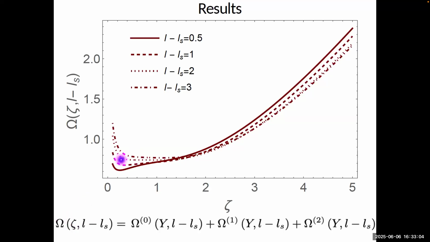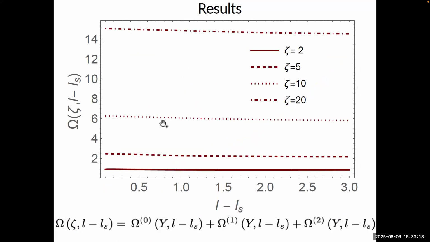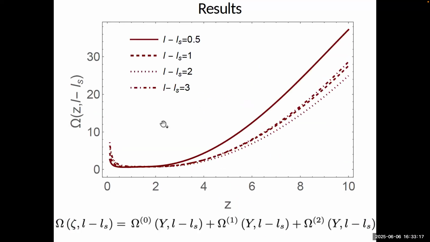This is omega as a function of this variable theta. This is omega considering all the corrections. This is the same, but as a function of L minus Ls. This is a function of theta, not the Greek theta, but the other theta that we know.